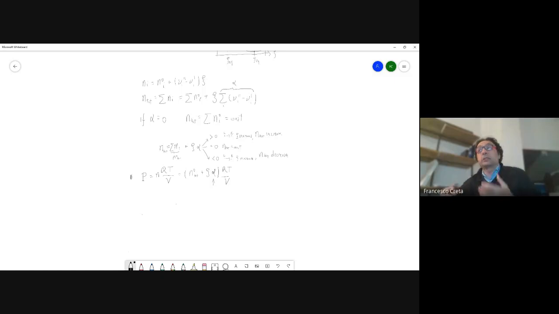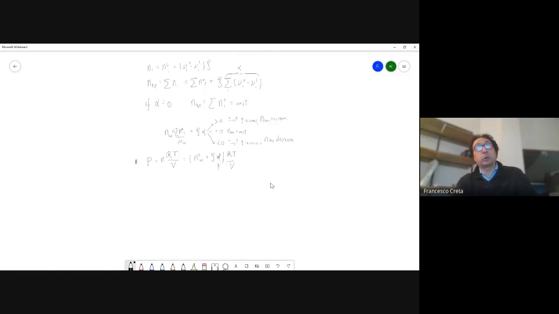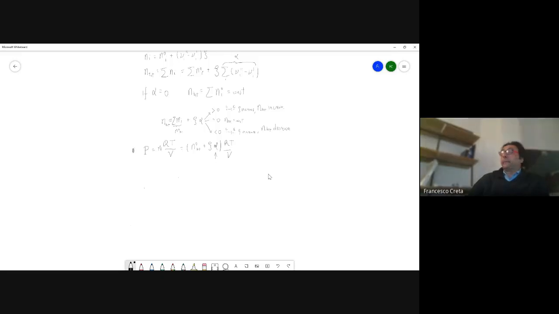Why? Because you're adding molecules to the system. You're not adding atoms. Atoms are always constant, but you're adding more molecules or fewer molecules, and therefore the pressure will change. And this has an effect also on the chemical equilibrium of a system.